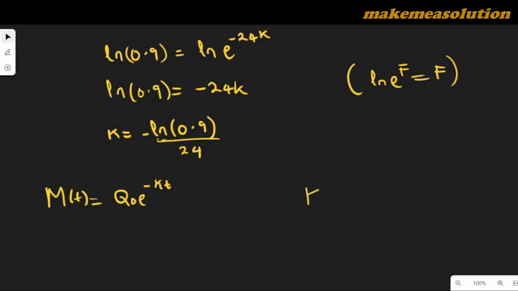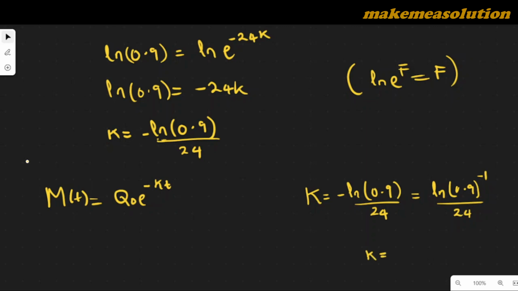Now k is actually minus ln 0.9 divided by 24. So this is still the same thing as ln 0.9 raised to the power of minus 1 over 24. So I have k to be ln of 9 over 10 raised to the power of minus 1 over 24.